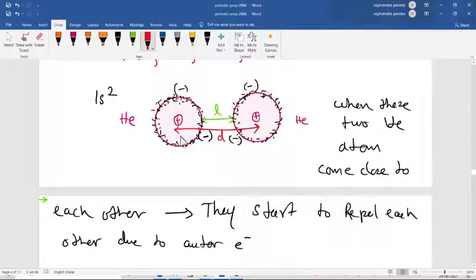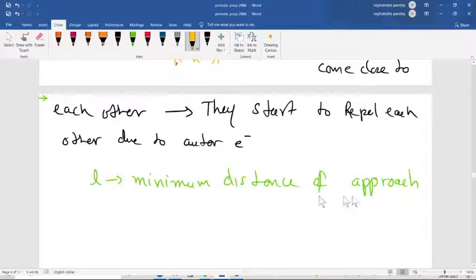This is the distance d. Okay. And then we take the radius r. So this is the radius r. So L is what? L is the minimum distance of approach. Okay.